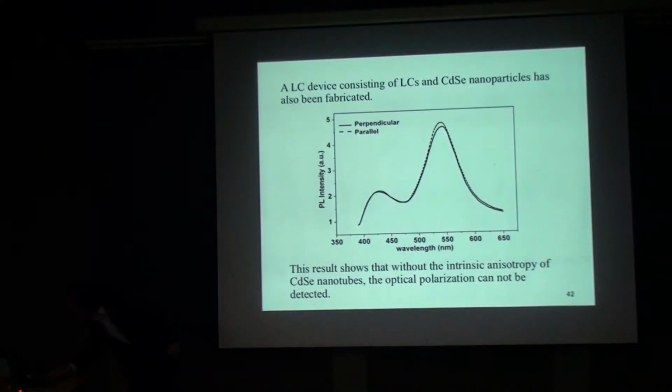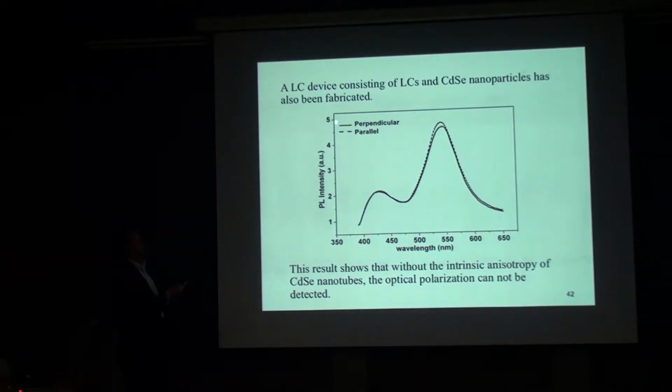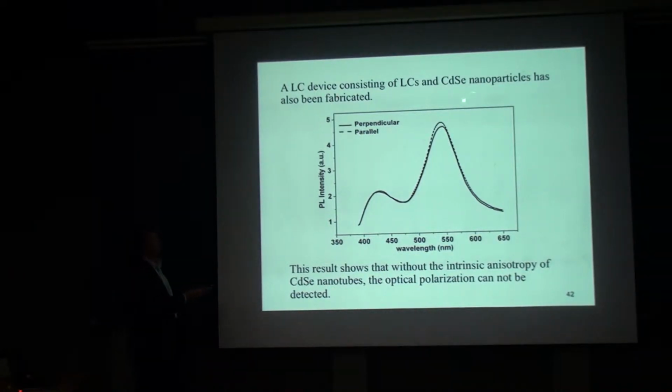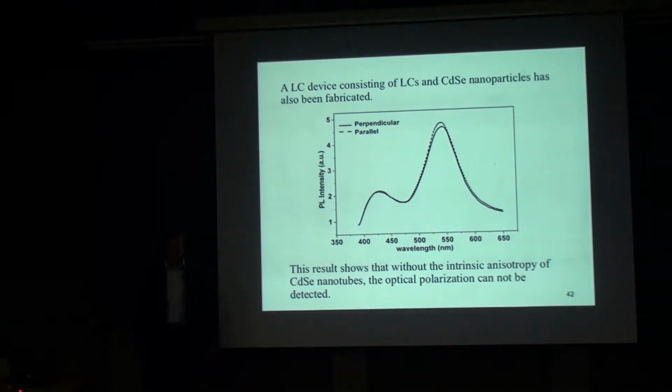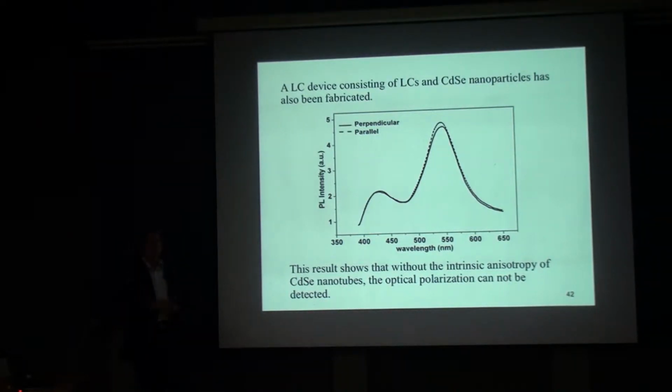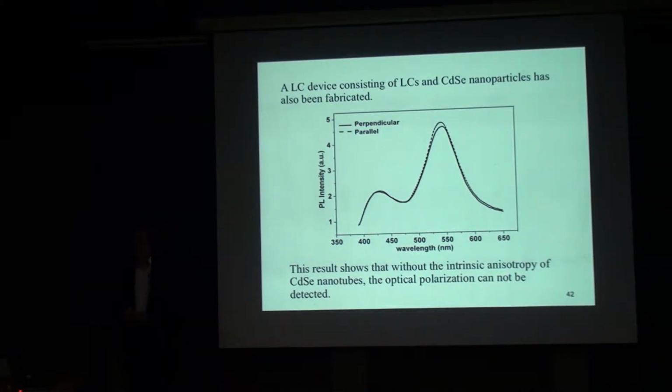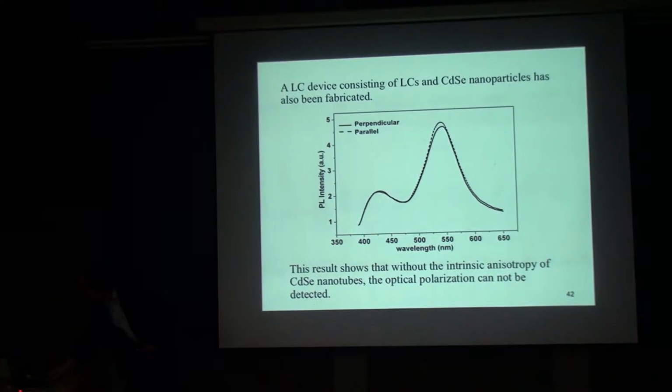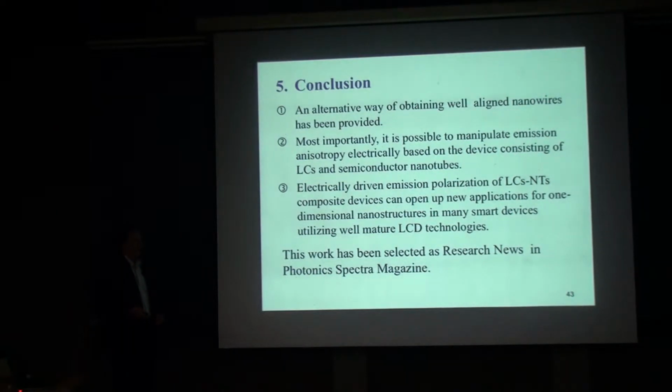Okay, and also if we replace the semiconductor nanowire by nanoparticles, you know, a nanoparticle has spherical symmetry. Therefore, we cannot see the anisotropy effect. So this is additional evidence for what I say. Okay. So here we integrate.